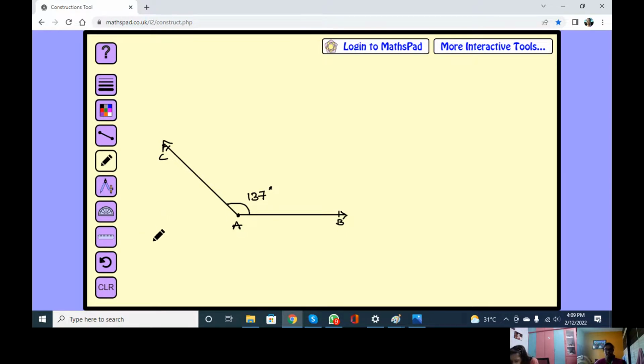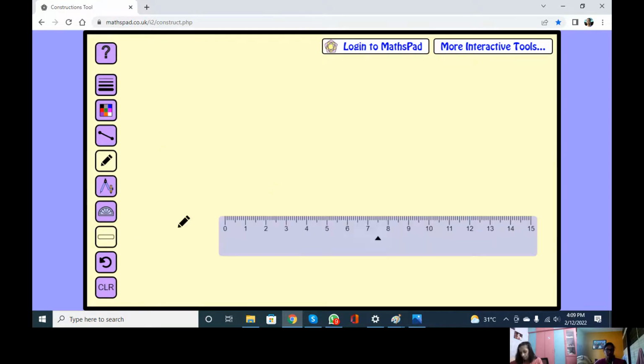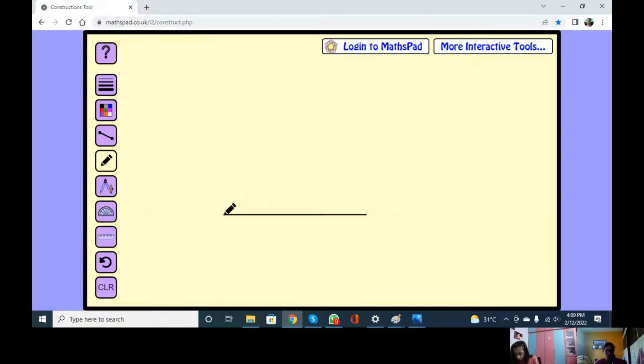Next, 143 degrees. Let's construct 143 degrees. Draw a ray with any measurement. Name them.